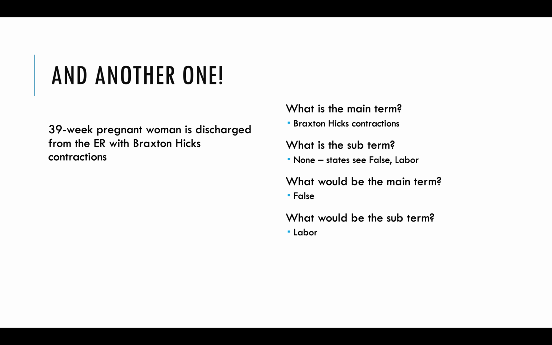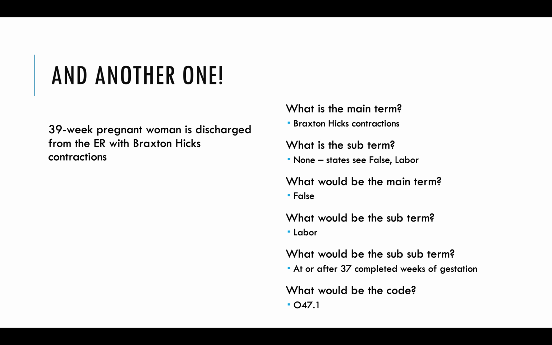But I have additional information in my diagnosis statement. It mentions that she's 39 weeks pregnant. Okay. So what would be the subterm? It would be at or after 39 weeks completed weeks of gestation. So what would be my code? O47.1.